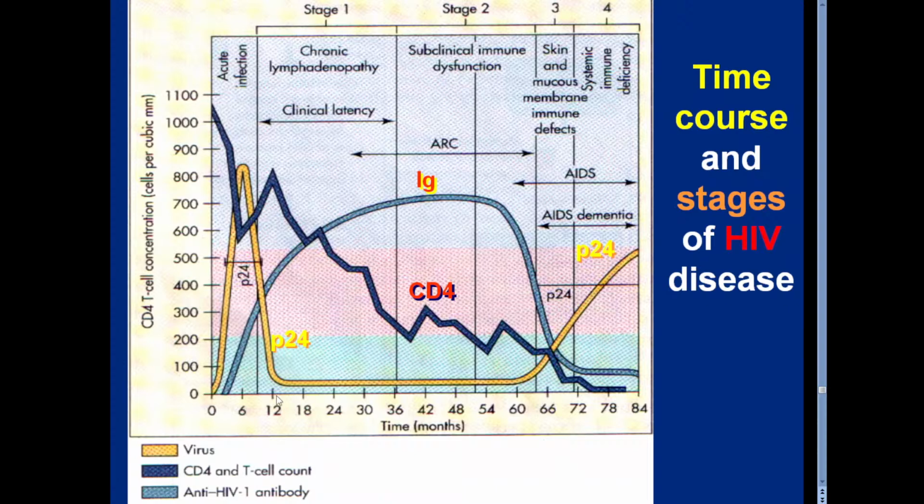That's why this slide shows the correlations of the number of viruses, looking at time in months, CD4 cells, and antibody against HIV.